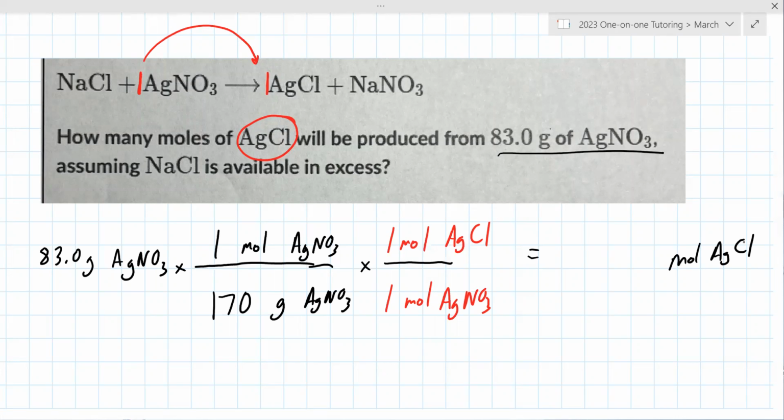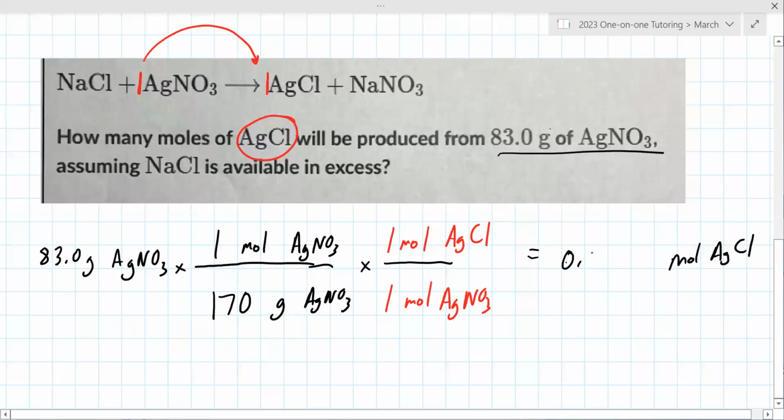Oh man, I don't think I did this right. I got 0.48. Yeah, that's correct. Oh, it is? Okay. Whenever you multiply by 1, it doesn't do much. It doesn't do anything really. And then you're dividing by the number on the bottom.